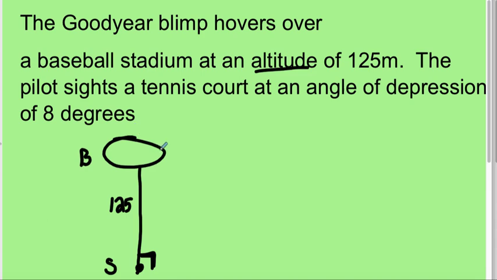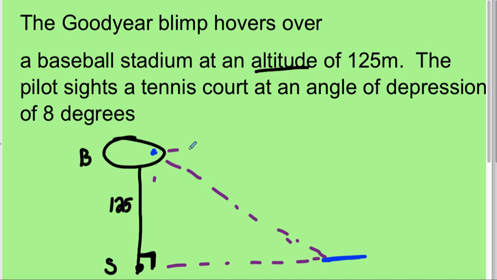The pilot, so up here, here's his eyes, he sights a tennis court over here at an angle of depression of 8 degrees. Now, depression, you got to be really careful, because if I go down like this, I want to make sure you understand, okay? That's where he's looking. This is not 8 degrees. The angle in the triangle is not 8 degrees. The angle of depression is.